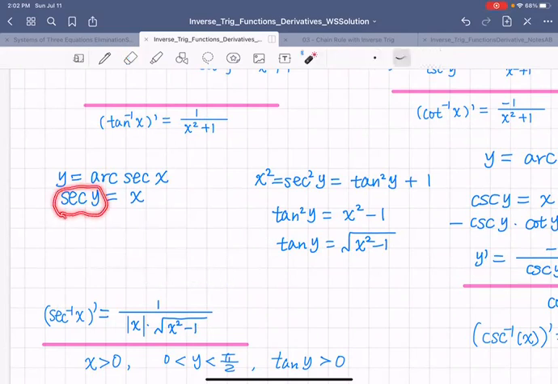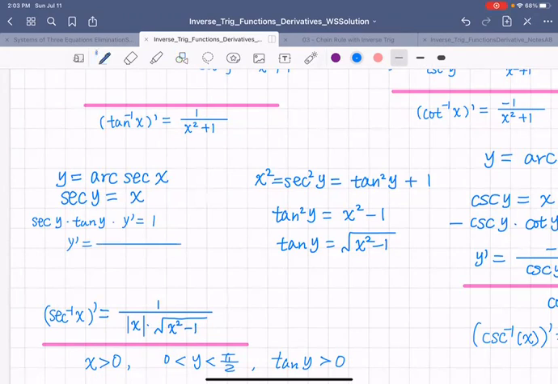This derivative should equal secant y times tangent y, so the derivative of secant is secant times tangent, times y prime equals 1. So y prime equals 1 over secant y times tangent y.